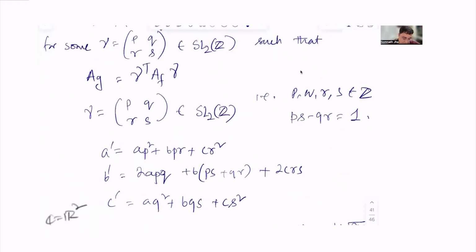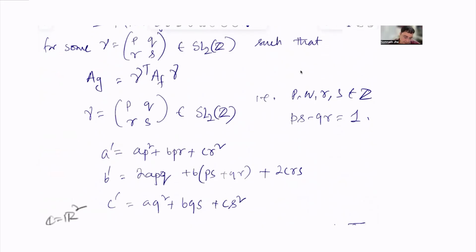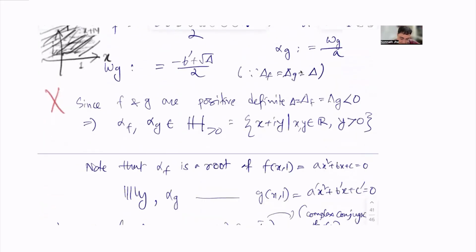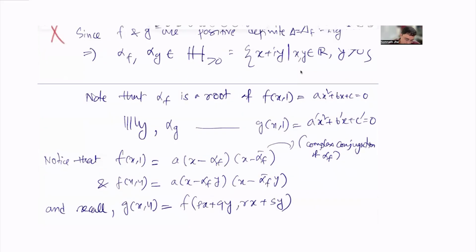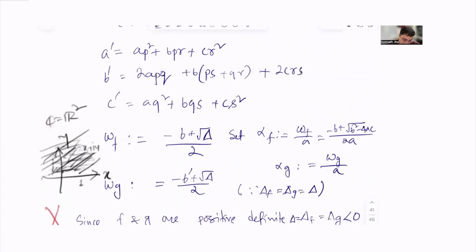So this is exactly x transpose Ax, and this is x transpose Q transpose A Q x, right? This is the matrix.